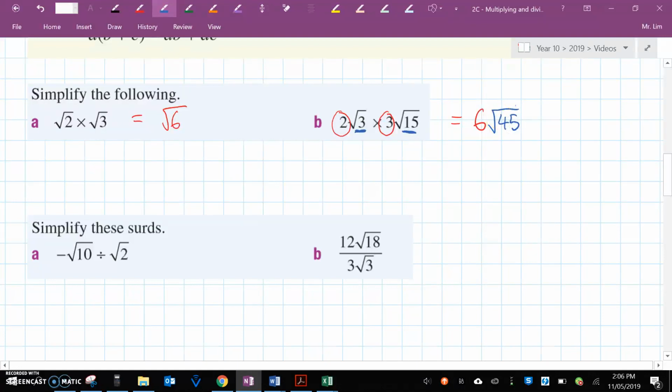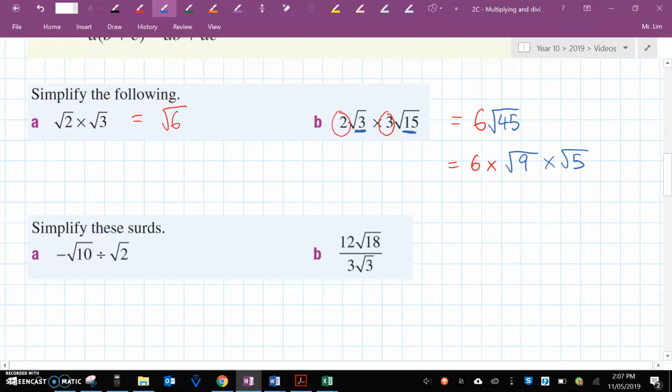Except we can actually split that into two different surds. Because when we think of the factors of 45, we can think of one of them that is a square number. So technically, we can write this as 6 times the square root of 9 times the square root of 5. Because 9 times 5 is 45.